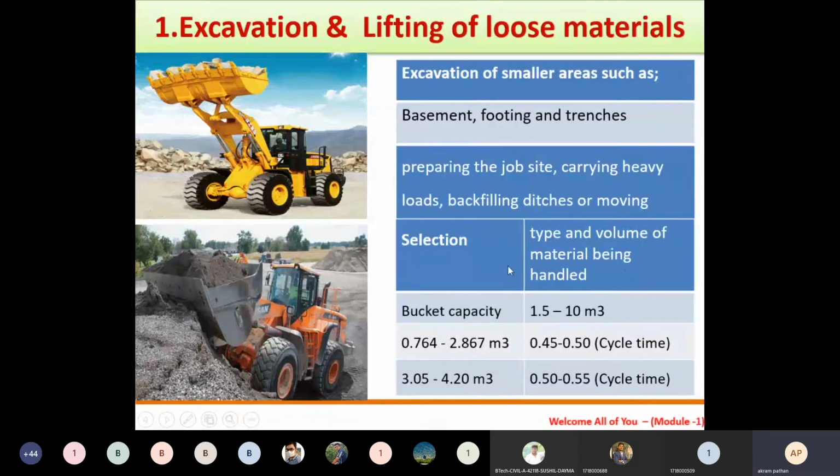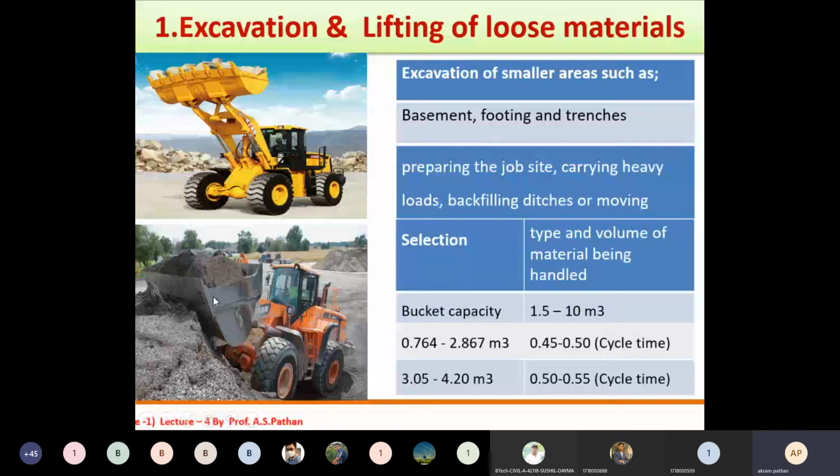So the selection depends on these two important parameters, type and volume of material being handled. Then bucket capacity, meaning how much material we can lift in a particular bucket. Bucket capacity is generally available between 1.5 to 10 meter cube.